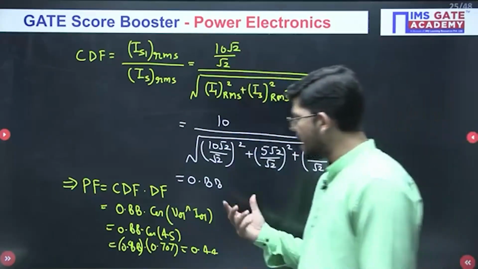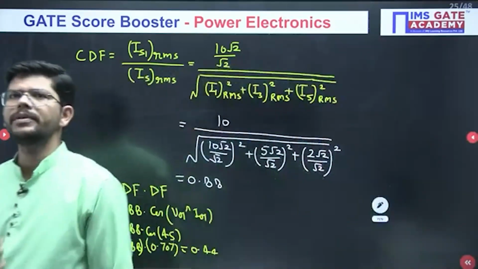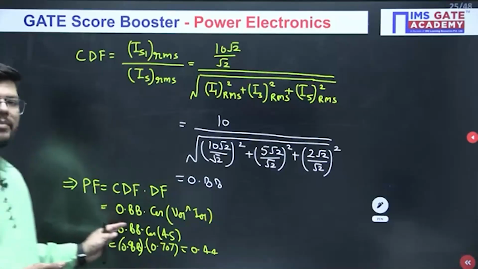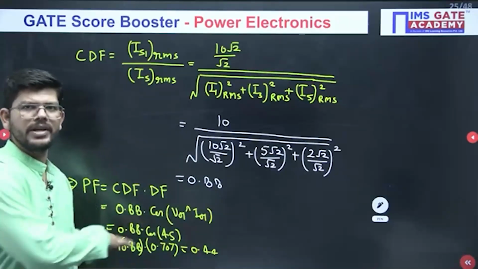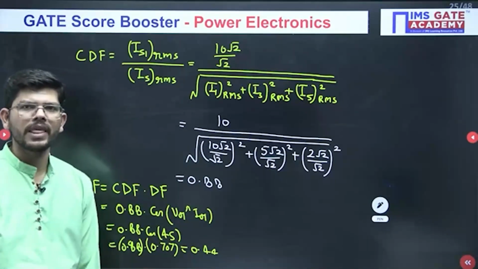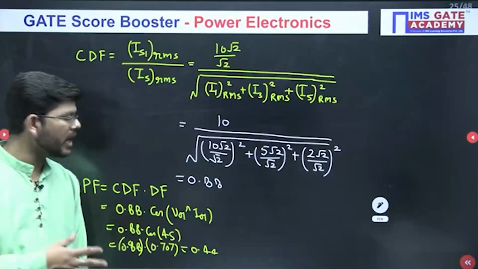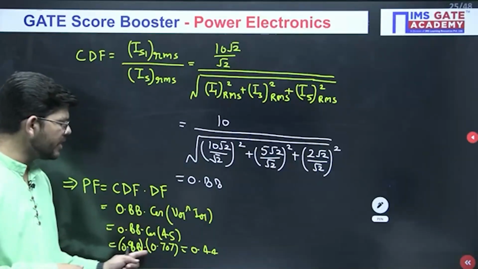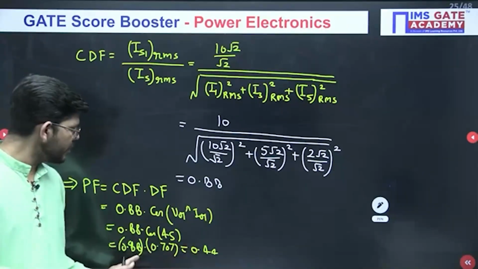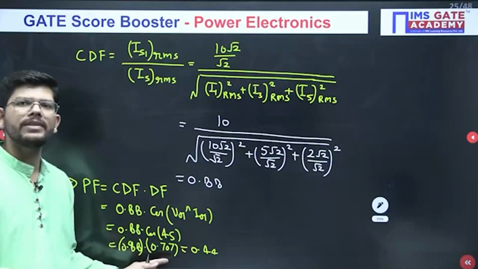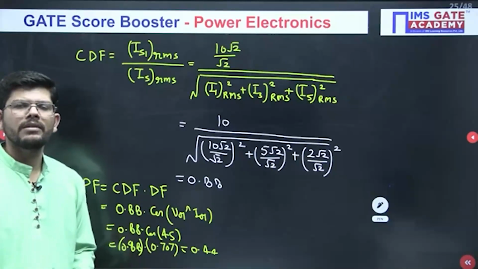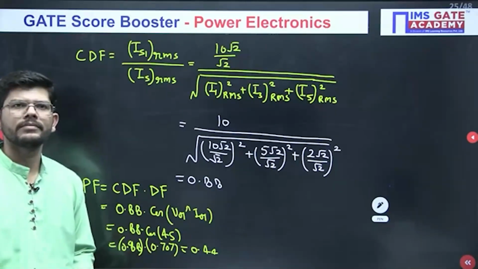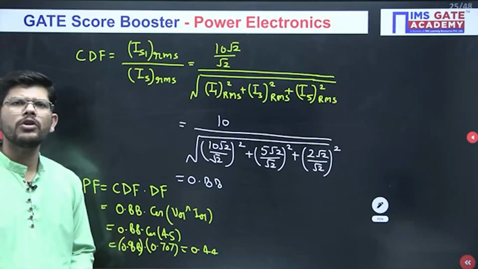Okay, so it has not been asked here in this question, but be prepared for this. This kind of question may be part of the GATE exam as well. Since it is an MSQ, they may ask for this third thing as well. So, Nilbhai, are we getting 0.44 here? The multiplication of 0.88 and 0.707. 0.44 or 0.78?